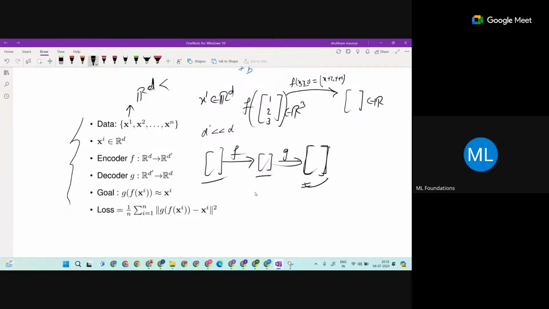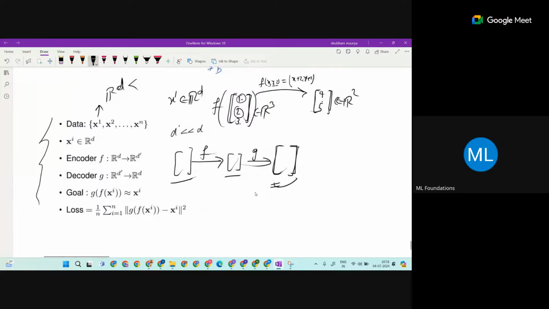The output for this particular vector is 4 and 5. The third value z is added to the x coordinate and y coordinate. Now the dimension of this vector is reduced, it is in R2.